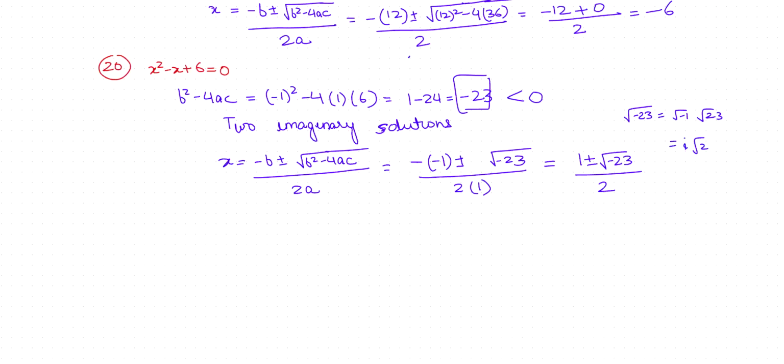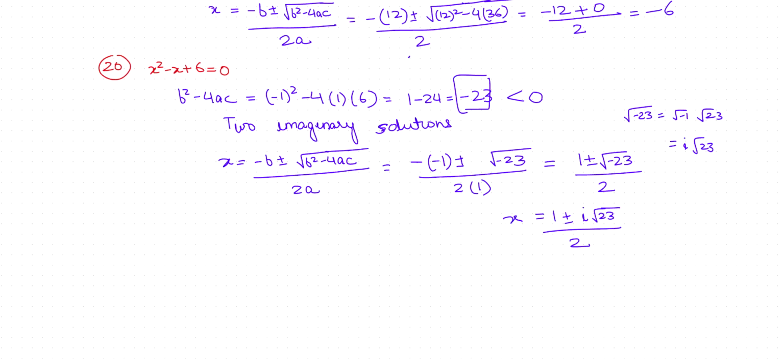So this gives 1 plus minus i. Okay, so this is our solution. We had two imaginary solutions.